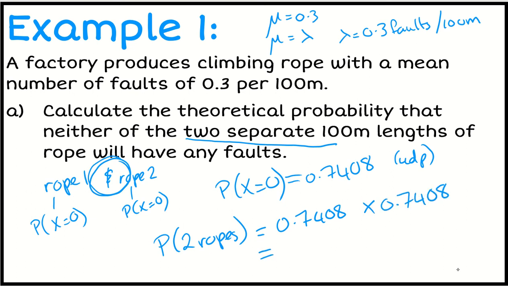You could write that as 0.7408 squared, that would be fine as well. That will give you an answer of 0.5488 to 4 decimal places. So that's the probability of two ropes having no faults.